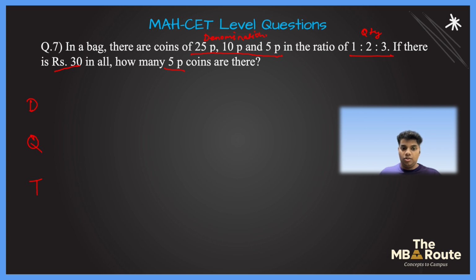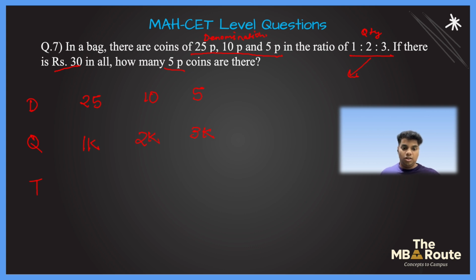Okay, so we have 25 paise, 10 paise, 5 paise. These are in ratio 1 is to 2 is to 3, and this is a reduced ratio. So common multiplier K. So 1K of 25 paisa coins, 2K of 10 paisa coins, and 3K of 5 paisa coins.